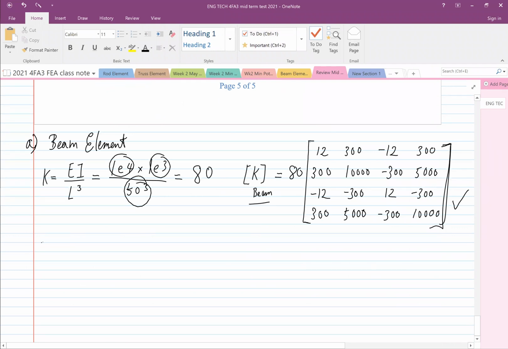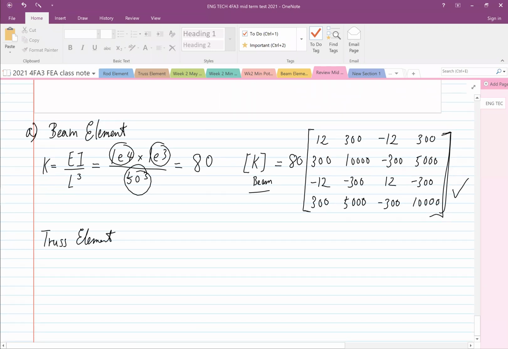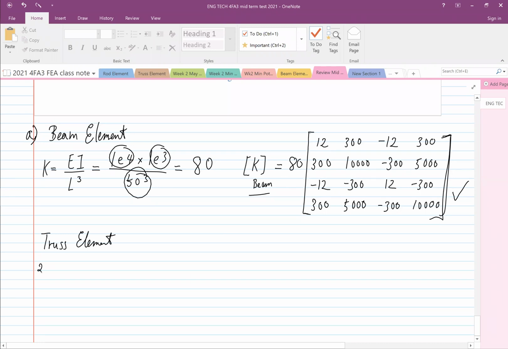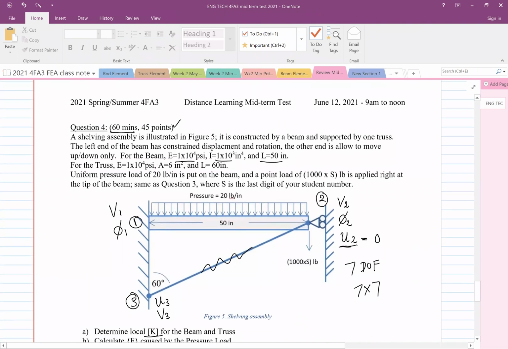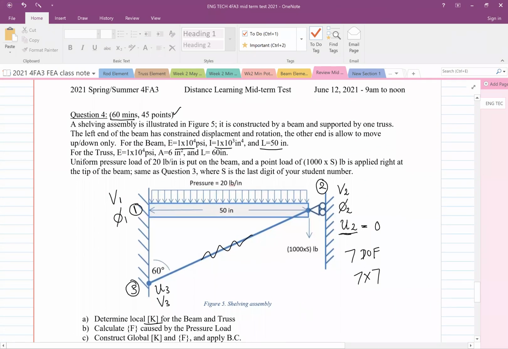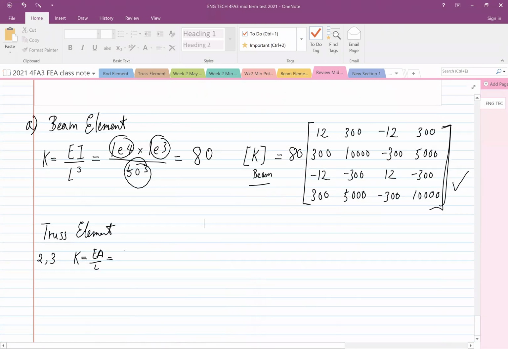So this truss element is going from node 2 to 3, and the local K is EA over L, which is 6 times 1e4 divided by 60, which is 1000.